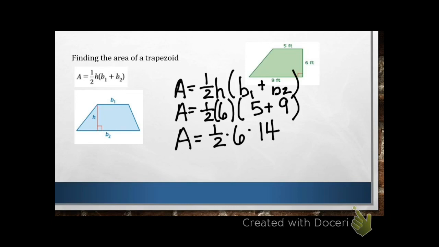Now you can do either one. You can find half of 14 or you can find half of 6. Either one is pretty easy. So if you want to do the bigger number, you could say 6 times, what is 1/2 of 14? 7. So my area is equal to 42, and my unit of measure this time is feet. It is area, so it must be squared. How many of you were able to do that? Good. It's not hard, right?